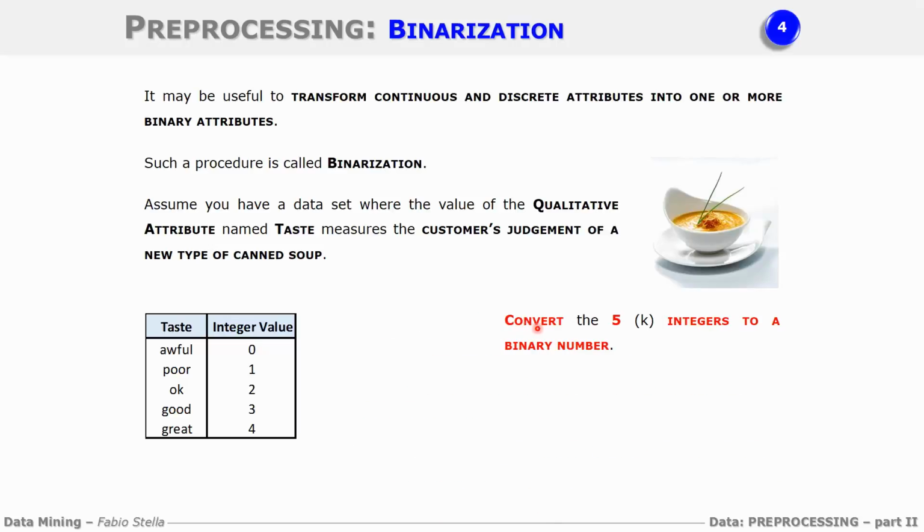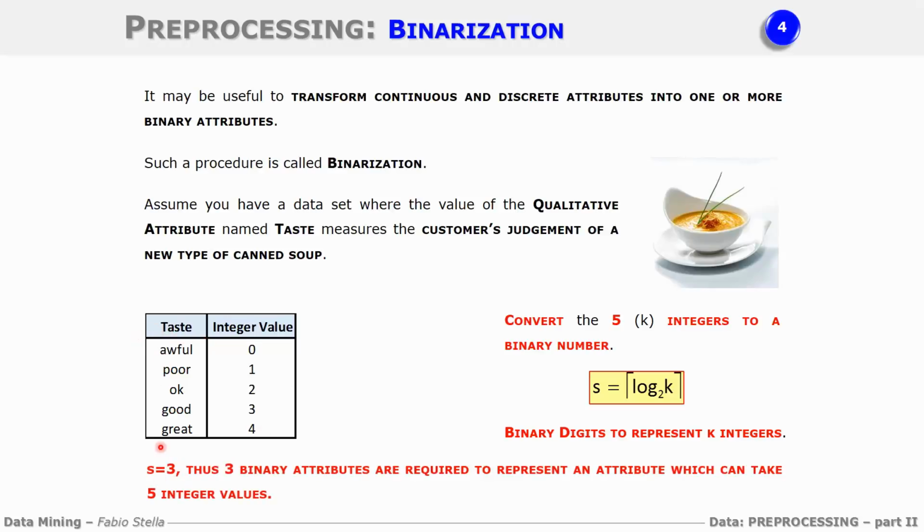Then we convert the 5 integers to a binary number using s digits, where the number of digits s is computed to be the upper rounding of the log of k in base 2. In particular, in our case, for the taste attribute, we have that s is equal to 3. Thus, 3 binary attributes are required to represent an attribute which can take 5 integer values.